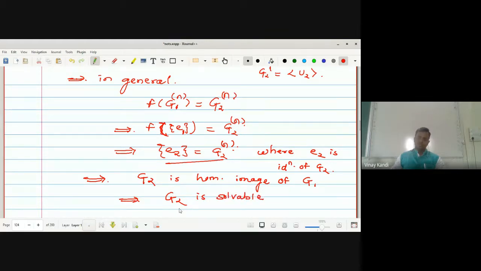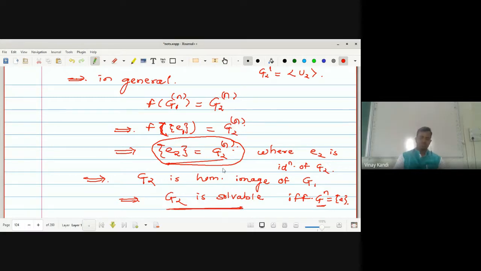When we get g2 is solvable, we saw the if and only if statement: g raised to n is equal to singleton if and only if g is solvable. Here the condition is satisfied: g2 raised to n is equal to singleton e2. That is, g2 is solvable.